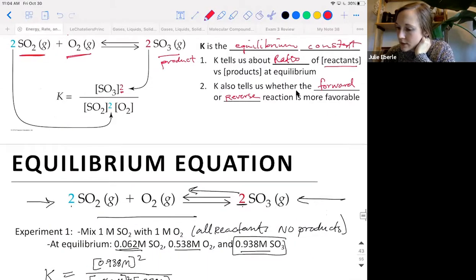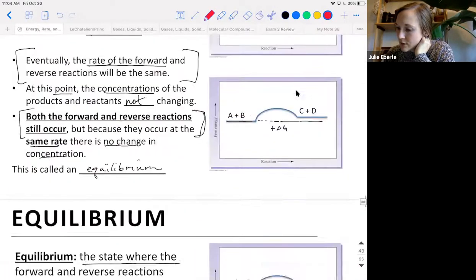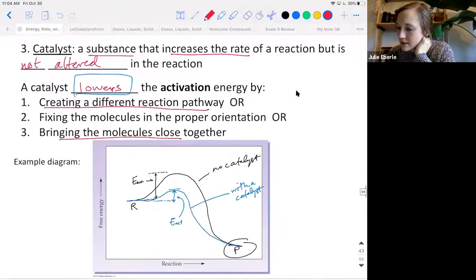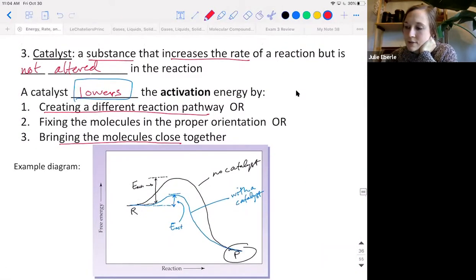Well, catalyst was up here in chapter 7, before equilibrium. We said a catalyst is a substance that increases the rate of reaction.